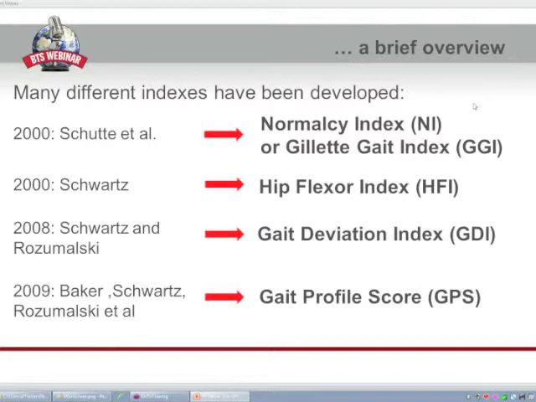In the 2000s the Hip Flexor Index was also developed by Michael Schwartz. The Gait Deviation Index and the Gait Profile Score, again from Michael Schwartz and others, are the most recently developed, and those have been implemented within our Gait Lab protocols available in SMART Clinic.